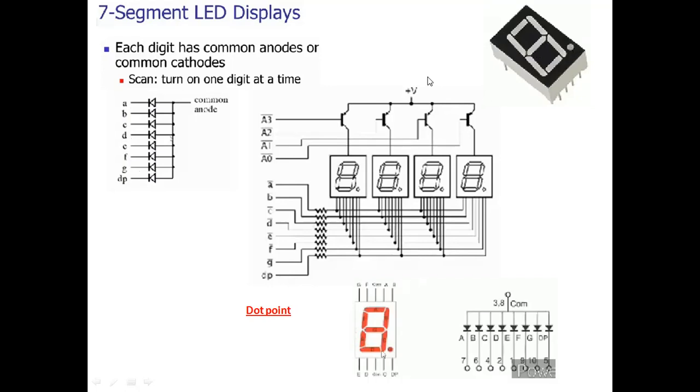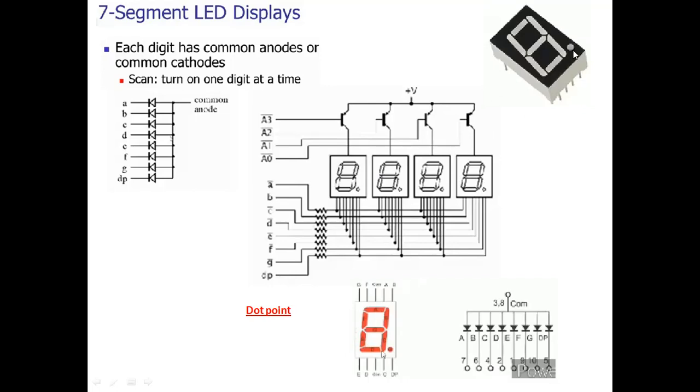So the circuit is of common anode type, because all the anodes have been connected to the plus VCC. Hence here four 7-segment LEDs are connected together. See here, 1, 2, 3, 4 7-segment LED displays have been connected all together.